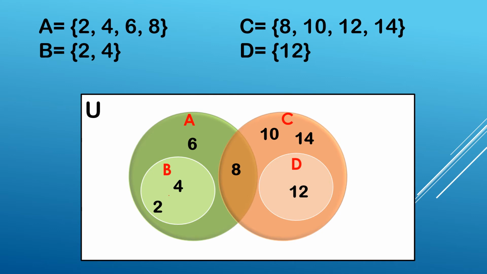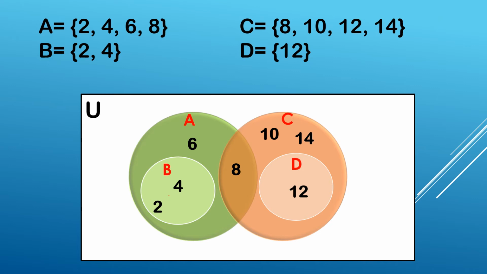So we have 8, 10, 12, and 14. Okay, so nakuha. So ganito natin i-illustrate ang given subsets. So from this, ano pa yung universal set natin? Ibig sabihin, lahat ng mga elements na nasa loob dito ay matatawag nating universal set.